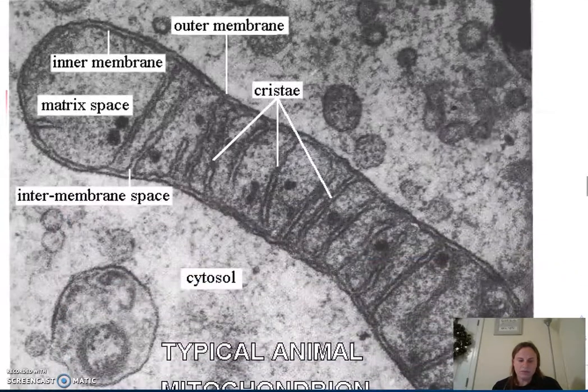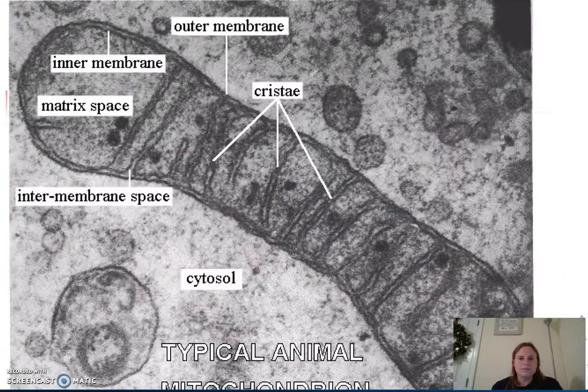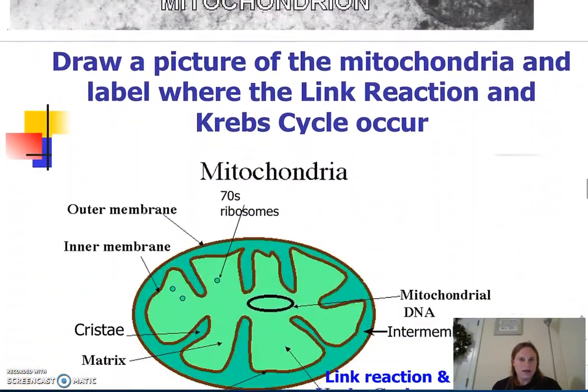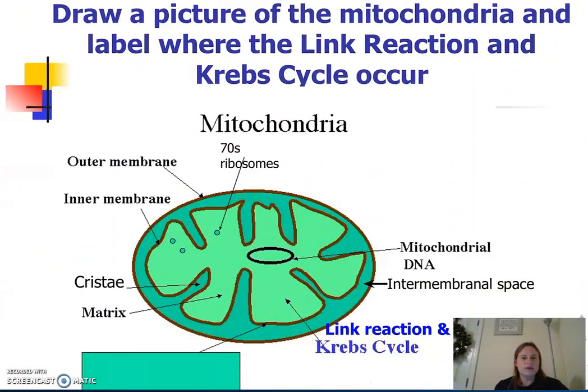This picture represents those structures a little bit clearer. Here's what a picture of the mitochondria might look like if you were to draw it on your own, as well as the locations of where the link reaction and the Krebs cycle occur, right here in the mitochondrial matrix.